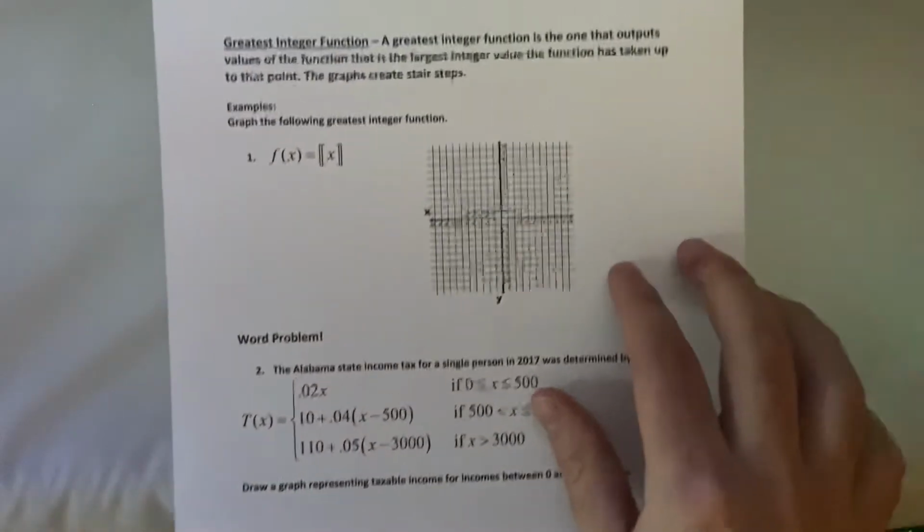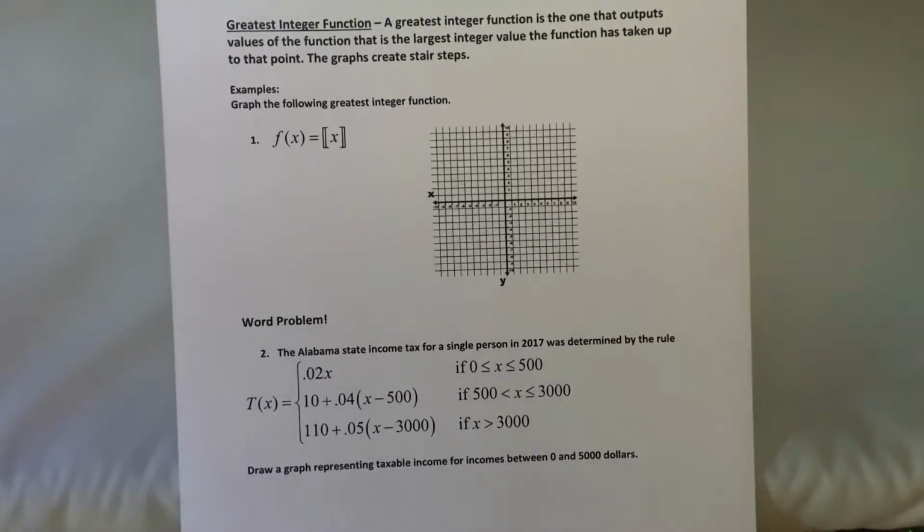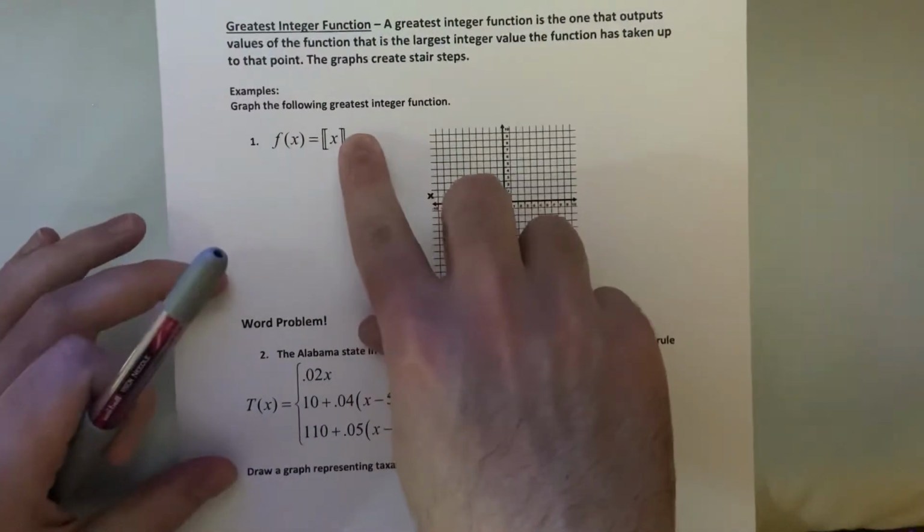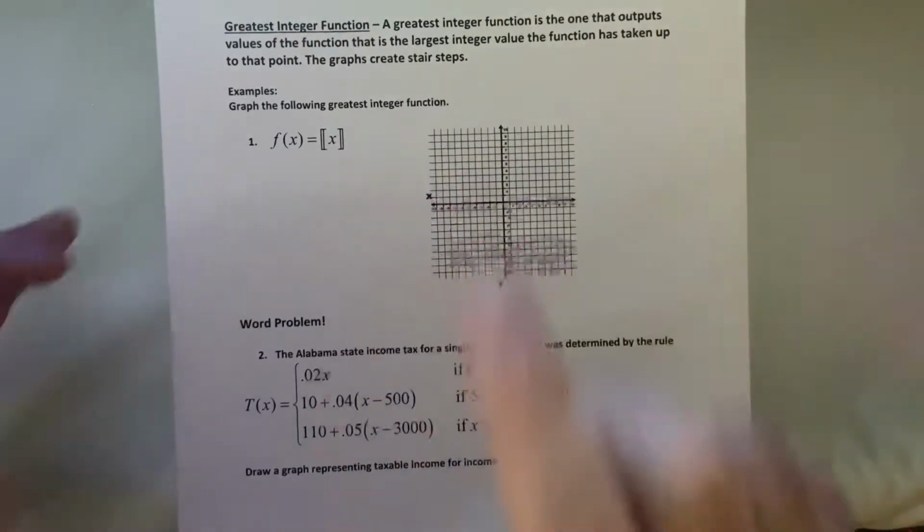And the last thing you might see in this class is what's called a greatest integer function. And that's where the function only jumps at whole numbers. So it kind of creates what I call a stair-step function. And it's denoted by these double brackets around the function.